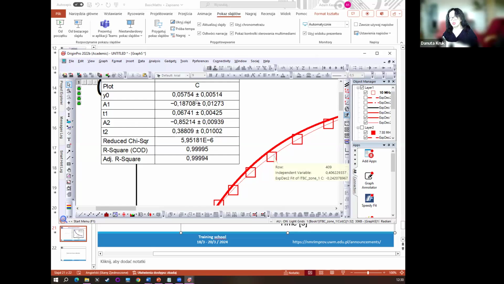Quite often we face such a problem. When the relaxation is not exponential, then we always have a faster and a slower process. However, sometimes the variables with index 1 describe the slower process, and sometimes the variables with index 2 describe the slower process, because the software is not able to read the mind.